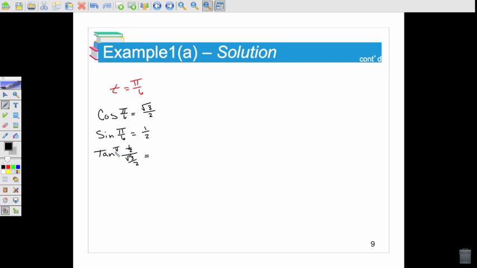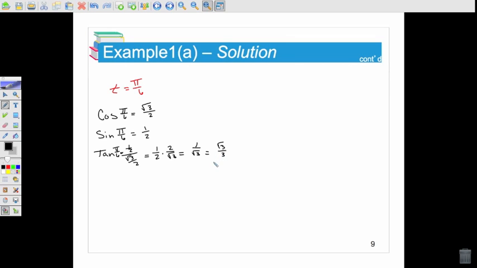How do I divide fractions? Well, I multiply by reciprocals, right? Hopefully everybody remembers that. So essentially I have 2 and 2, those are going to cancel out, 1 over the square root of 3. I don't like radicals in the denominator, so that is going to become the square root of 3 over 3. Fantastic.